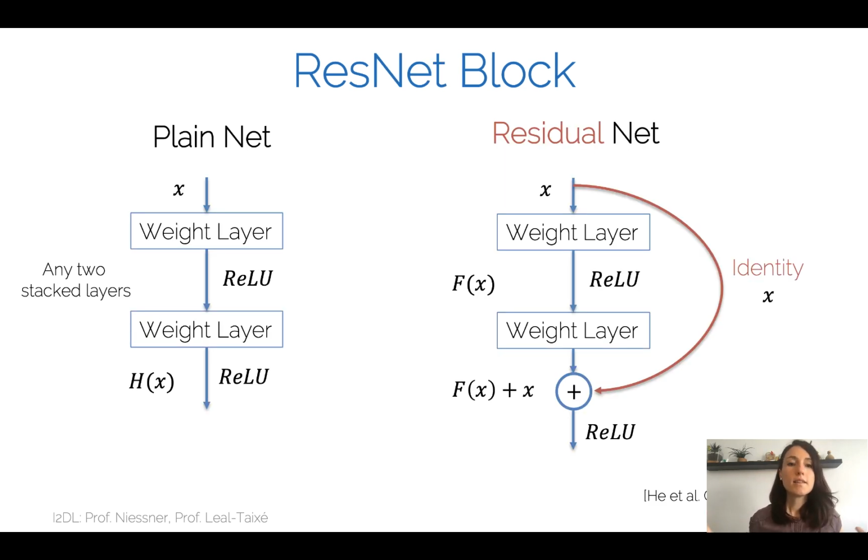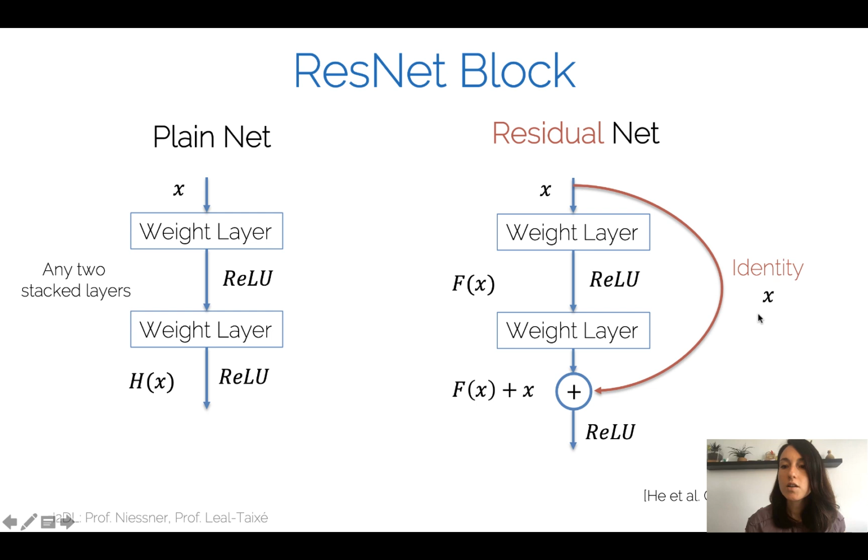So this is essentially a ResNet block, a block used to build residual networks. If a plain neural network consists of these two layers, a weight layer followed by nonlinearity, another weight layer followed by another nonlinearity, a residual block which creates this residual network would have, aside from this operation in the plain net, also this skip connection here.